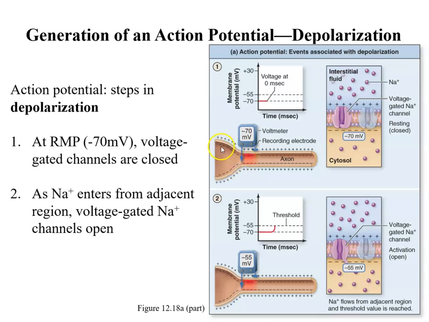So we're getting ions in the initial segment, sodium, that's changing the resting membrane potential. Here you can see it's become less negative because of the influx of sodium.